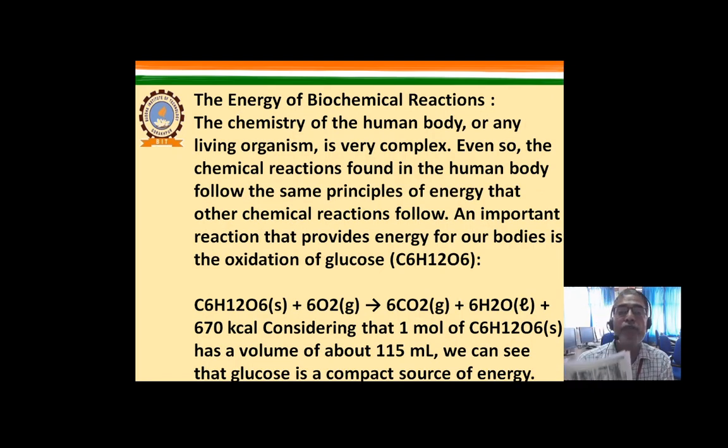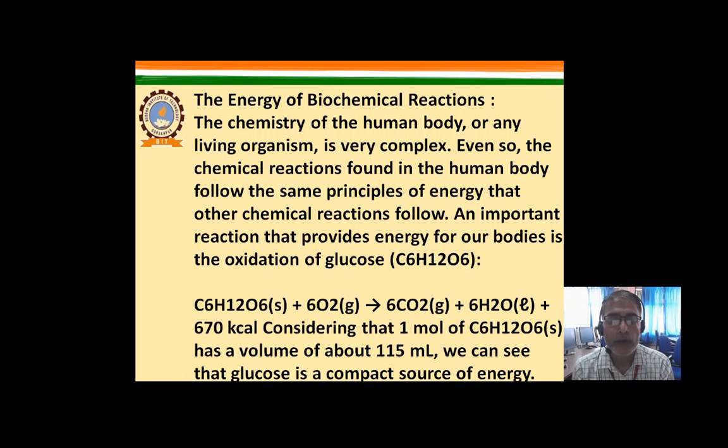The energy of biochemical reactions, the chemistry of the human body or any living organism, is very complex. Even so, the chemical reactions found in the human body follow the same principle of energy that other chemical reactions follow. An important reaction that provides energy for our body is oxidation of glucose, that is C6H12O6.